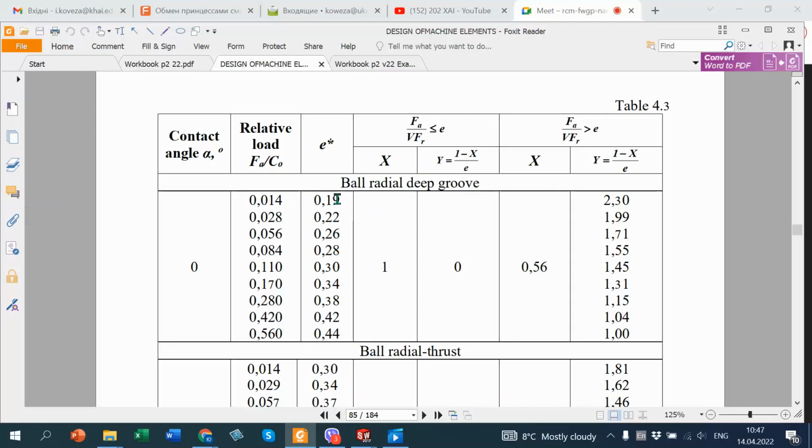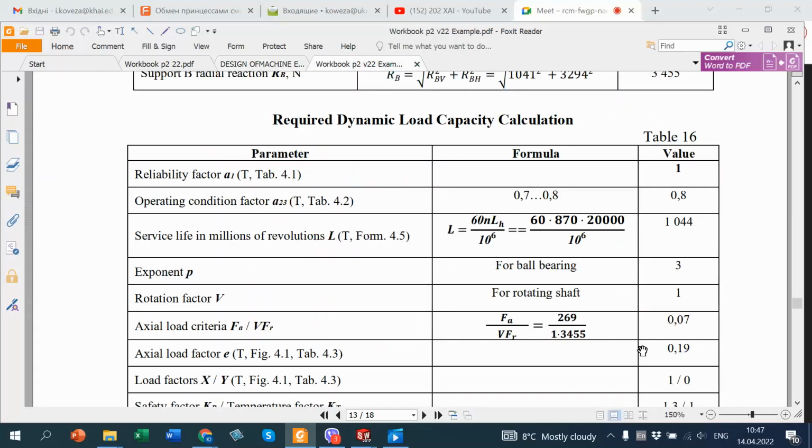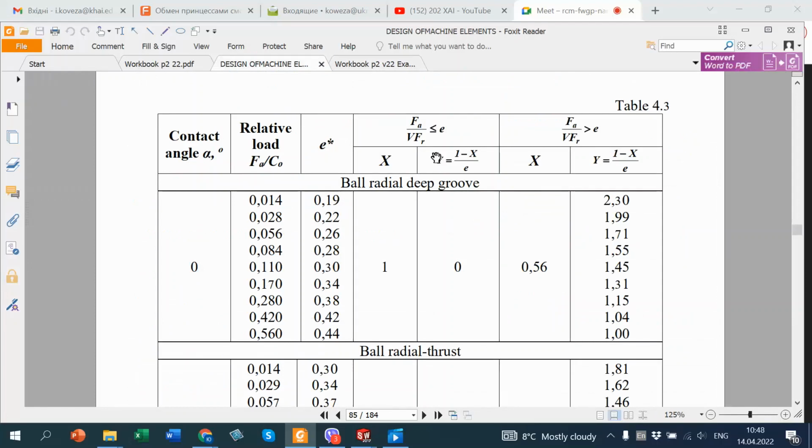So for e 0.19, load factors X and Y. If acting bearing load factor is less than e 0.19, in our case it's 0.07, it means that X may be 1, and if X is 1, Y is 0.